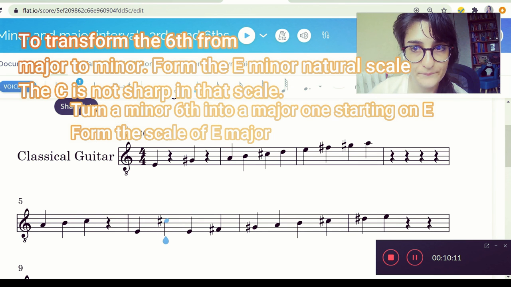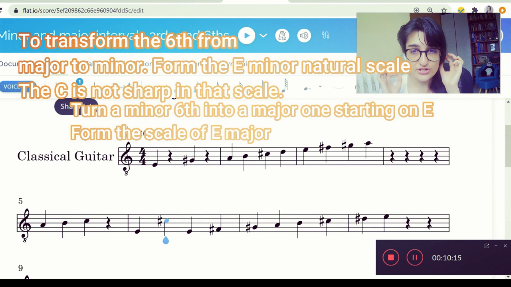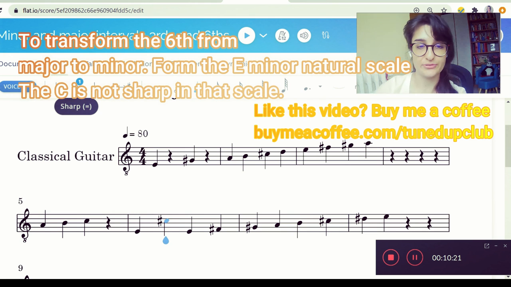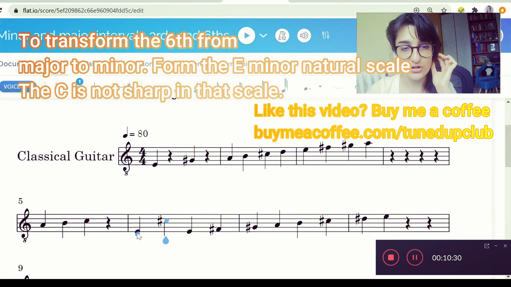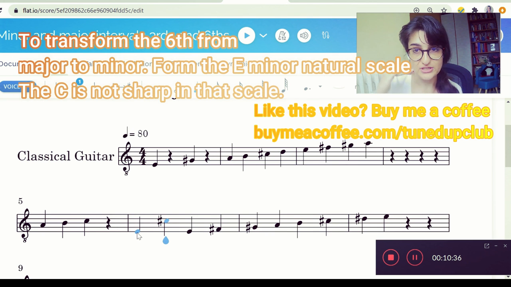Okay? Now let's do the opposite. Let's say we have to make this major 6 interval minor. I'm going to repeat this again because it's really important. So let's form a natural minor scale starting on E. First of all, let's find the relative major starting on E. Stepwise, E, F, G. G major.